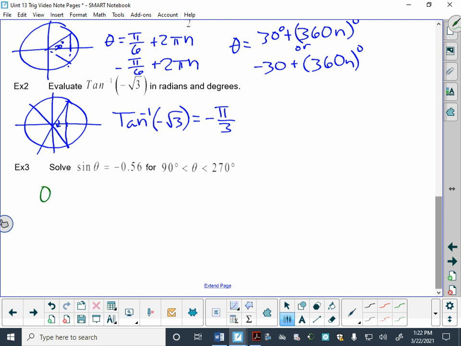And the first step is going to be to say theta, then I want to see what the calculator gives me for the inverse sine of negative 0.56. So second sine, negative 0.56. Tells me it's about negative 34 degrees.